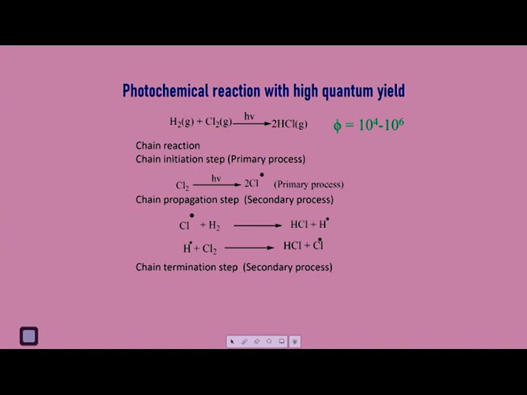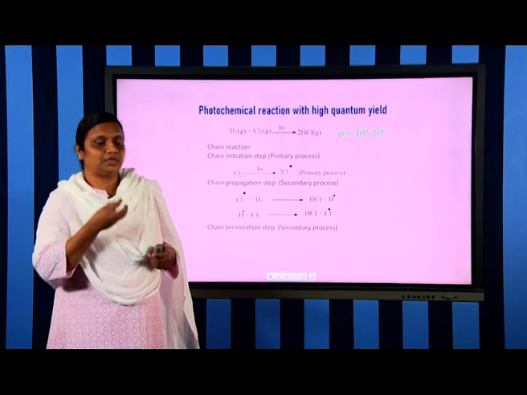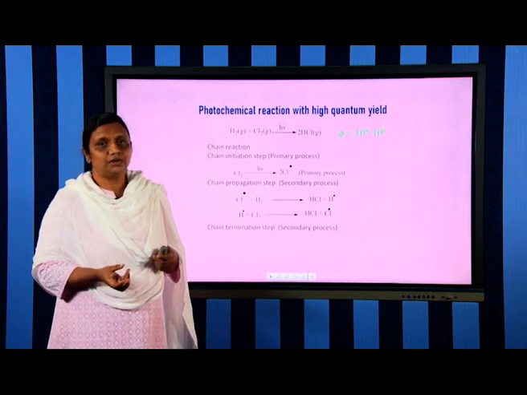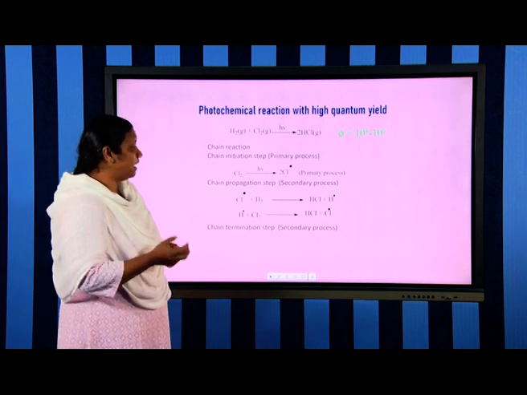The hydrogen free radical again combines with chlorine to form HCl and a chlorine free radical, and this reaction can continue. Once the hydrogen free radical is generated, it can react with chlorine, or once the chlorine free radical is generated, it can again react with hydrogen.